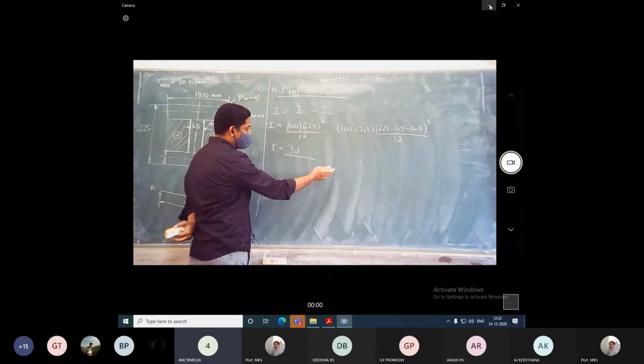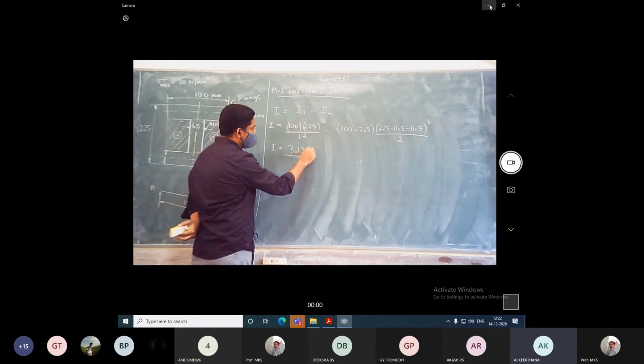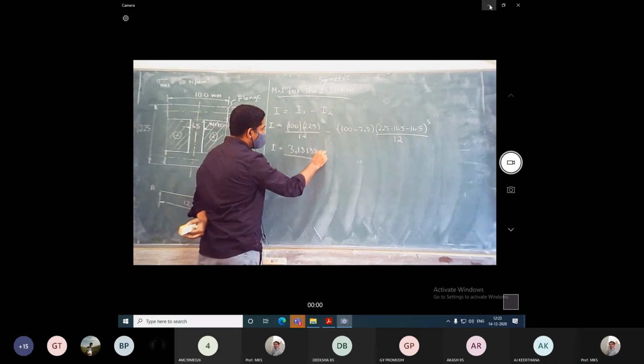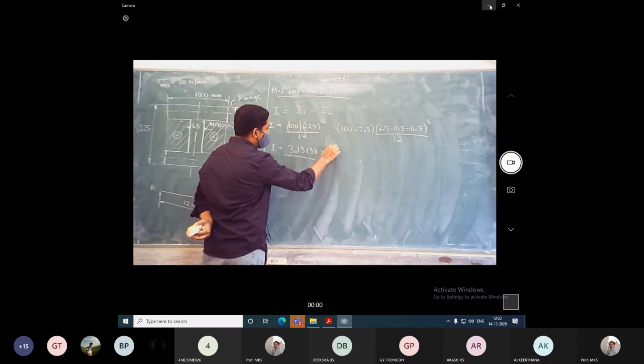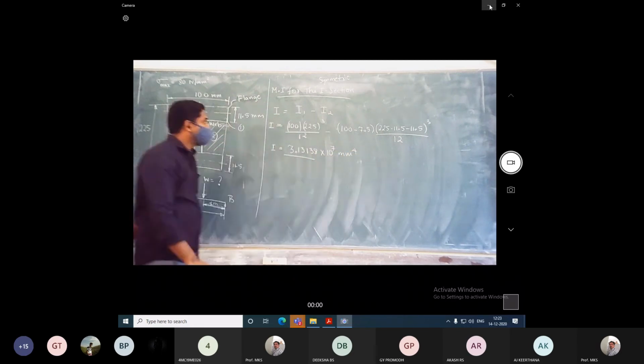Just keep it to 3 or 4 digits. If it is 10 power 6 or 7, at least keep 4 digits. Since it is 10 to the power of 7, how much is it? 3.18, something you told, right? How much? 3.8138 into 10 power 7 mm to the power of 4.